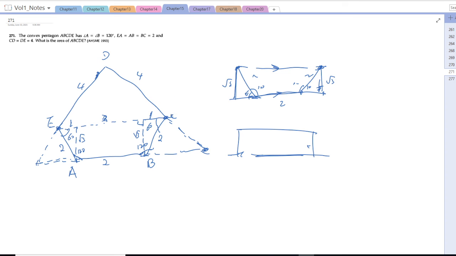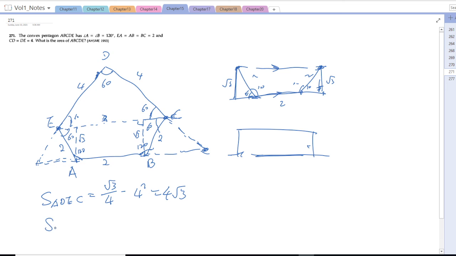So now we have EC equals 4. 4, 4, 4 is an equilateral triangle. So now you can see the area of the equilateral triangle DEC is equal to root 3 over 4 times 4 squared, which is 4 root 3.